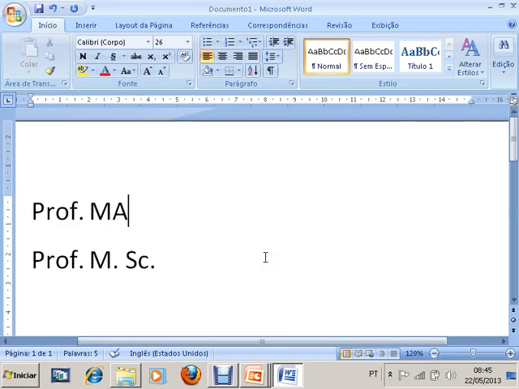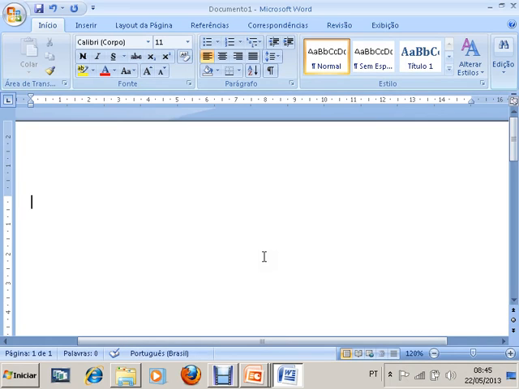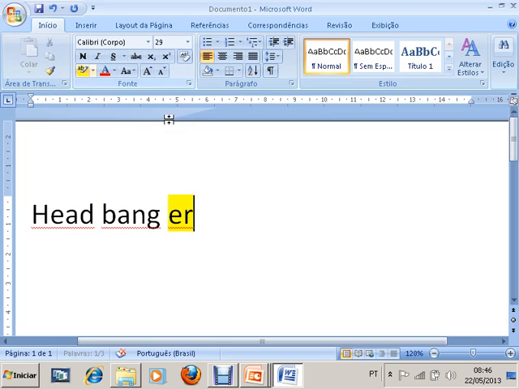Bang, we have head, banger. You decompose this word. Head, bang. Well, if you take a look at this suffix, what kind of suffix is this? Inflectional or derivation?